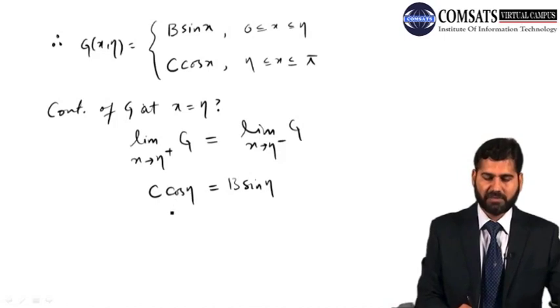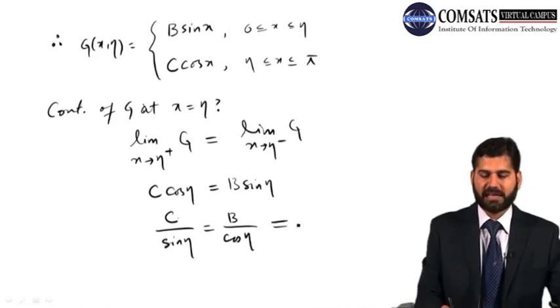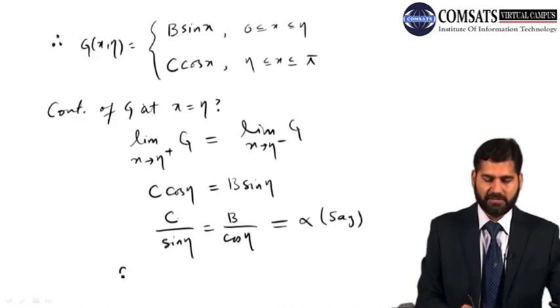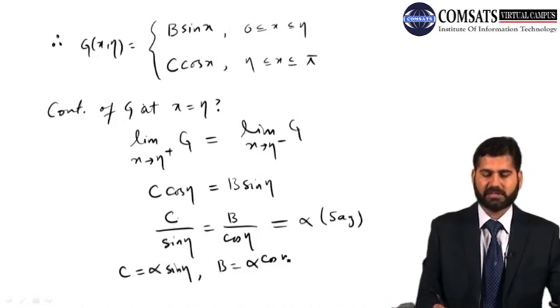If you divide by sine eta and cosine eta, this is c by sine eta is equal to b by cosine eta. Let's call it alpha, so c becomes alpha sine eta and b becomes alpha cosine eta.